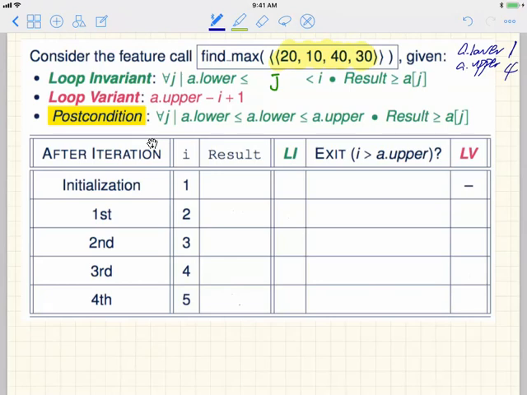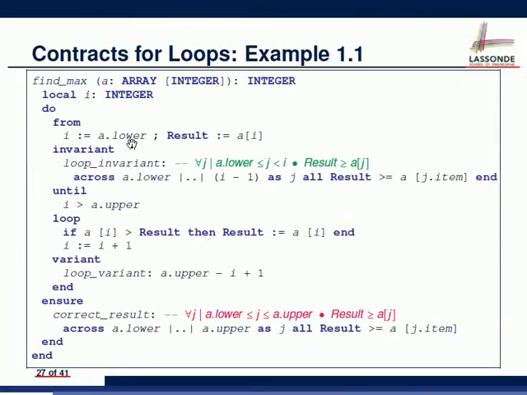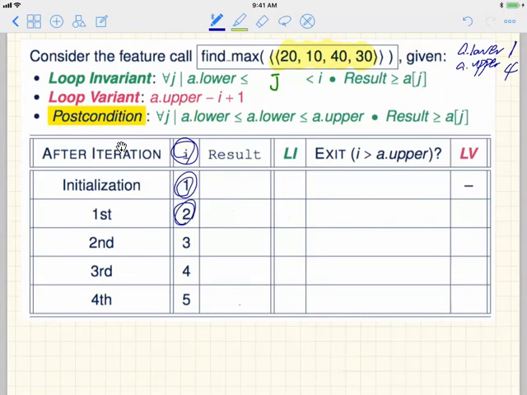So on a high level, it's going to be initialized to a dot lower, which is 1. That means for I over here, we can have 1, 2, 3, and 4. So we're going to execute the body of the loop exactly 4 times.